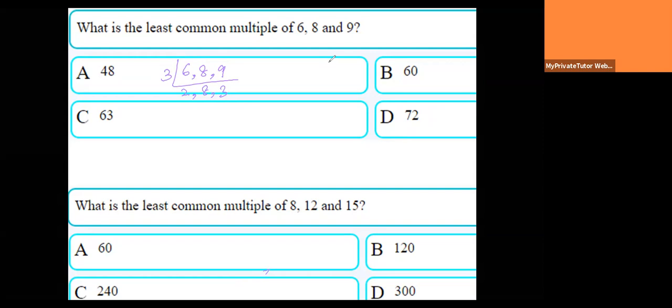Faster, very nice. What is 2 times 3 times 3 times 8? Yeah, you're right. 72. So what about the next one? Yeah, 72 is the correct answer. That's nice.